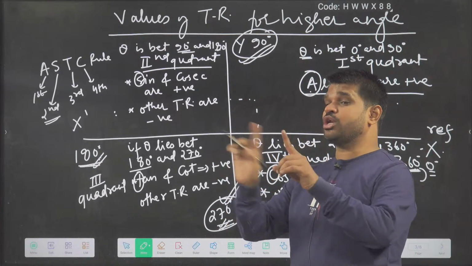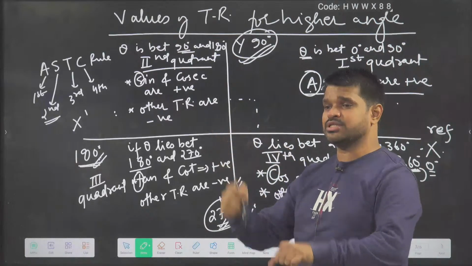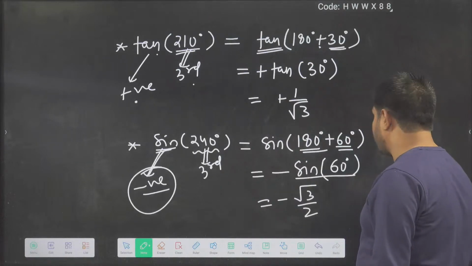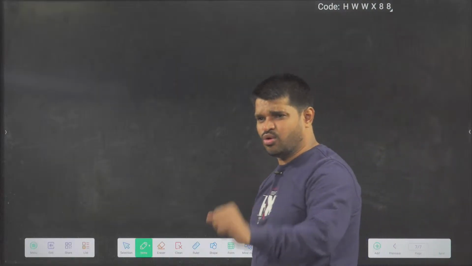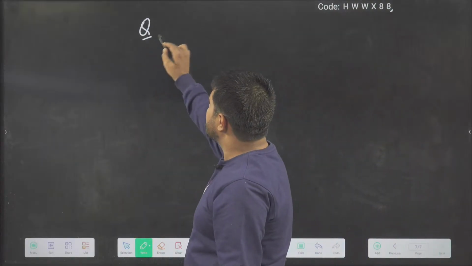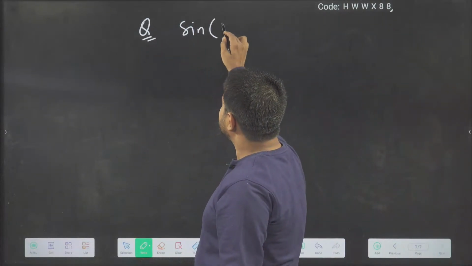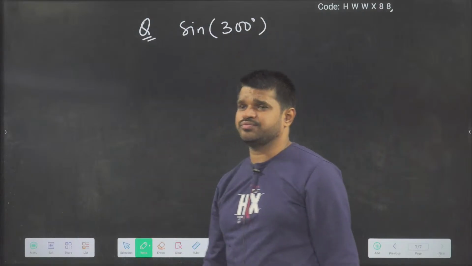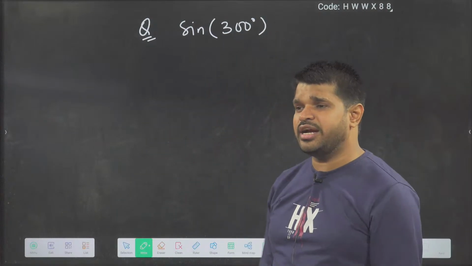But their ratio does not remain same. Something happens. Okay. Now, first of all, let me give you 2-3 questions. Then I will see. Okay. Question. Sine 300 degree. Find sine 300 degree.